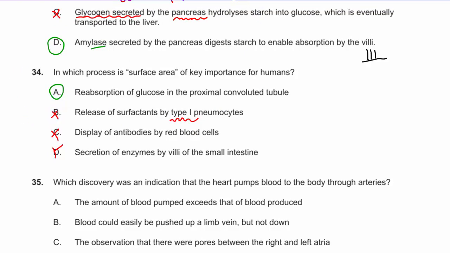So what happens? The Bowman's capsule empties. So you have the glomerulus inside here, and here you have a filtration of the blood, and the ultrafiltrate goes into the proximal convoluted tubule.